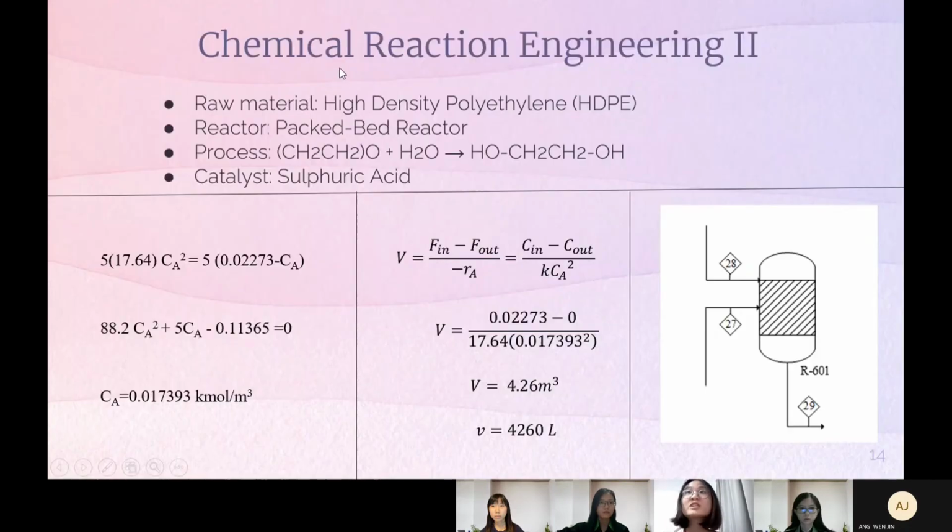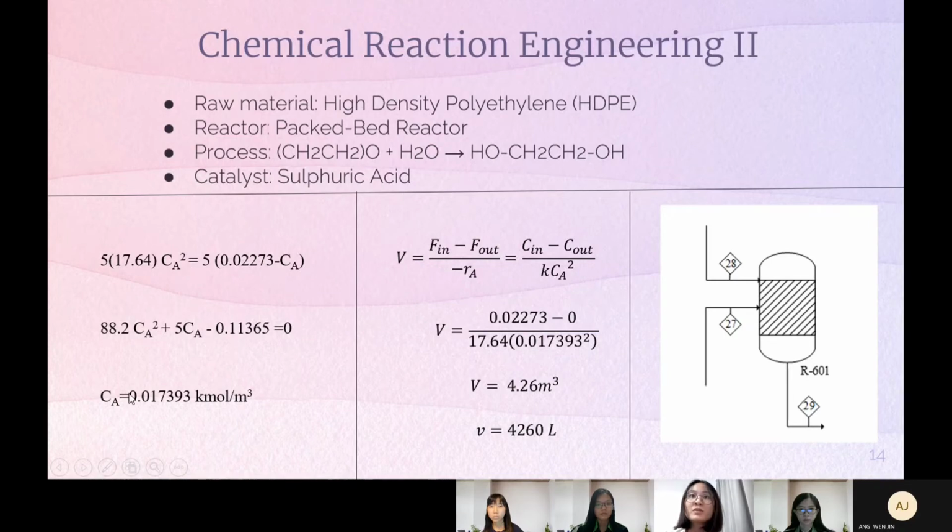For the chemical reaction engineering tool, the raw material that we use is high density polyethylene, and the reactor we use is packed bed reactor. The process is ethylene oxide plus water becoming ethylene glycol, and the catalyst we use is sulfuric acid.